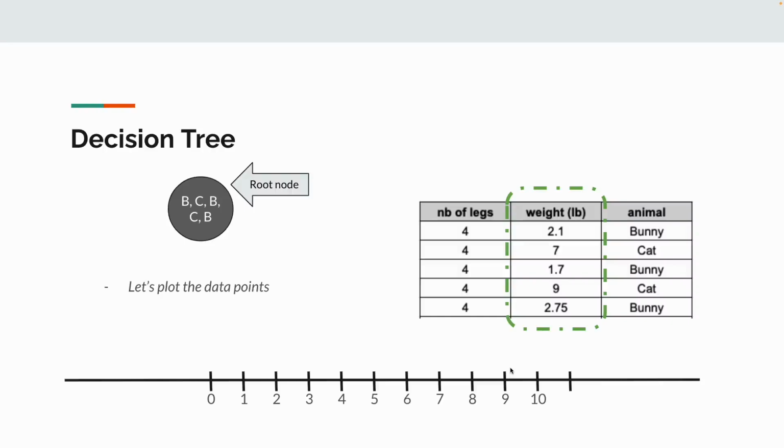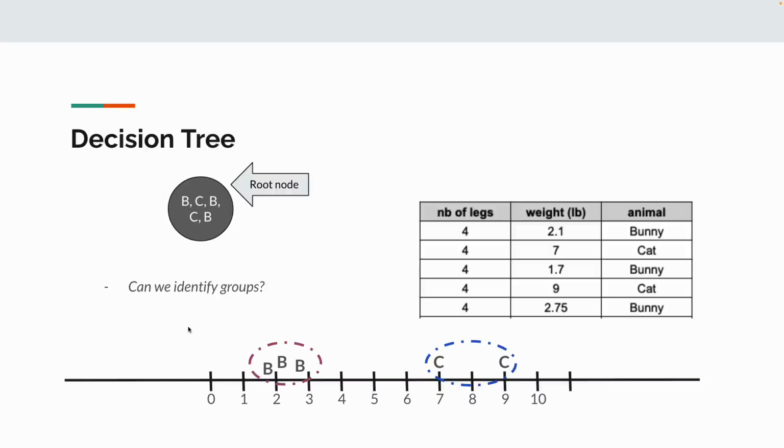So let's first plot these data points. The first bunny with a 2.1 lb weight goes here, and then the next cat goes here, and then bunny goes here, and the next cat goes here, and then the next bunny goes here. As soon as you plot your data points, you quickly see that 2 clusters are growing up.